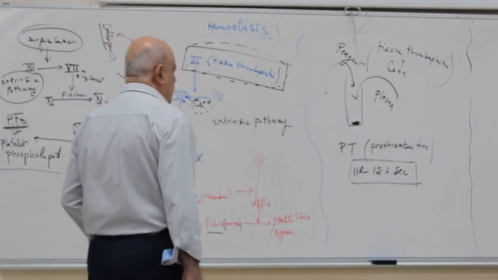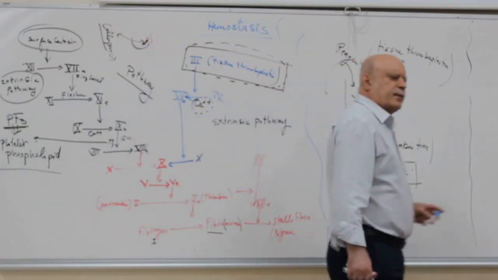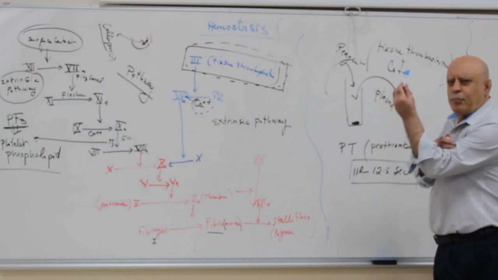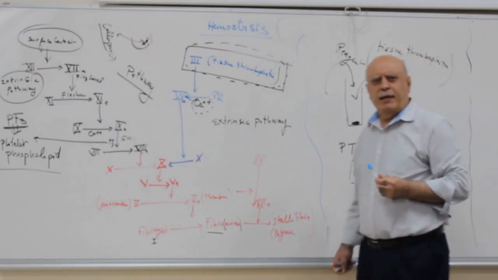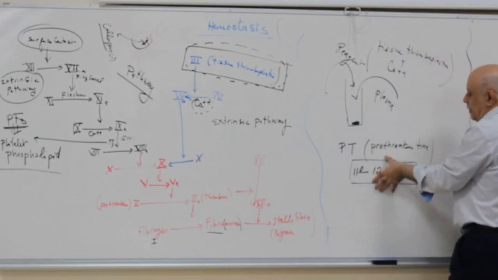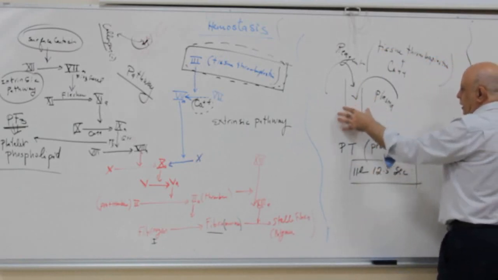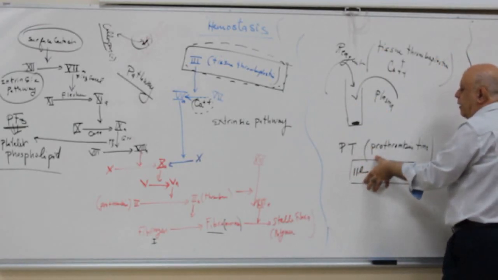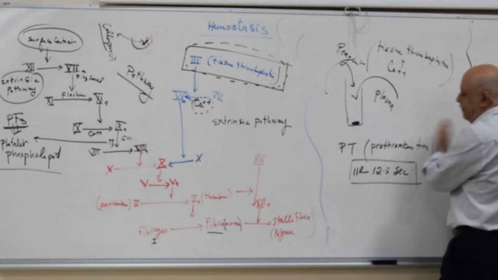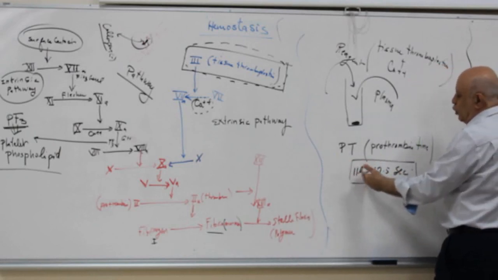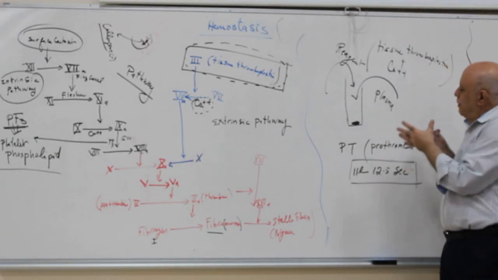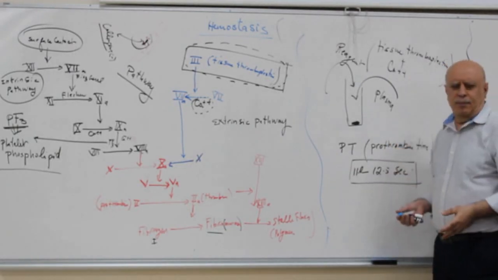Of course, from phlebotomy, you know what tube we need for this test: the blue test tube. If we did this test and detected a clot between 11 and 12.5 seconds, that means the PT test is normal.